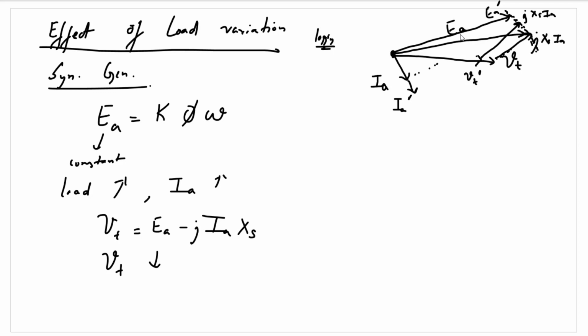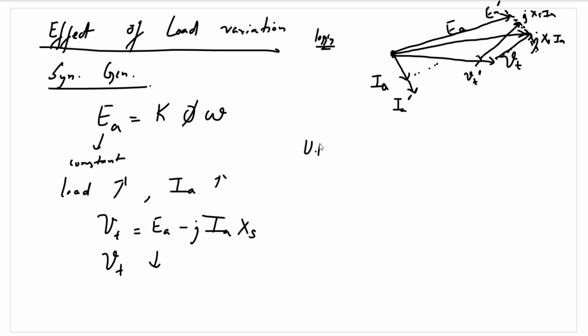The radius will be the same. IA has increased, so j times XS IA has increased. So VT dash will have to decrease for maintaining EA and increasing IA. Fine, so this is the case of a lagging load.